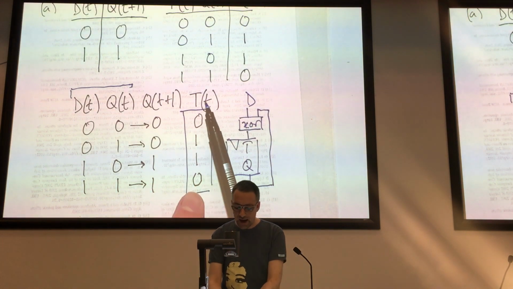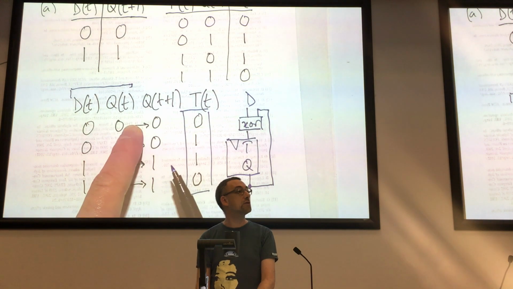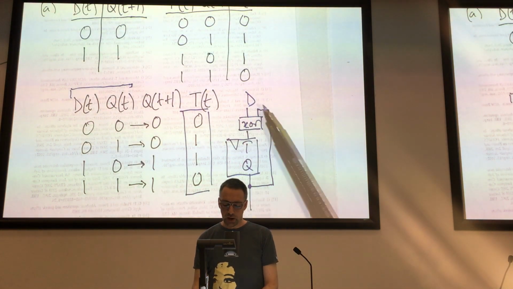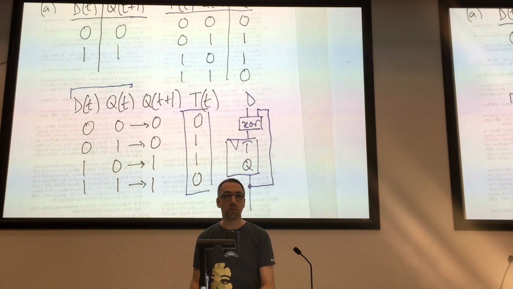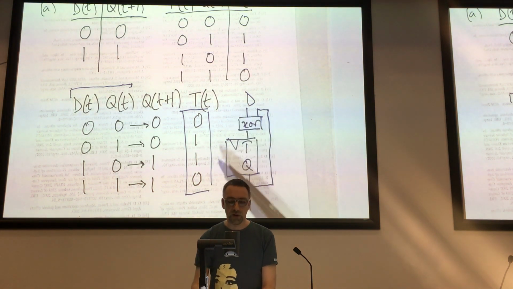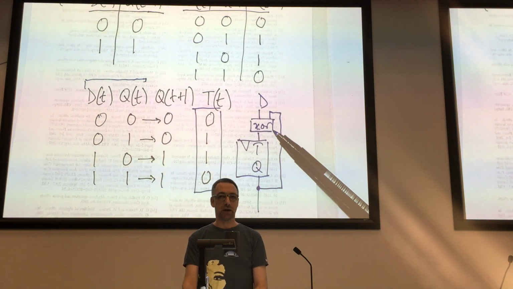At any given time, we want T to be the XOR of D and Q. So this circuitry, where we wire Q back into the XOR gate along with D and feed the output of that into T, will generate the correct behavior. The whole circuit will behave like a D flip-flop because we've got the extra logic right.